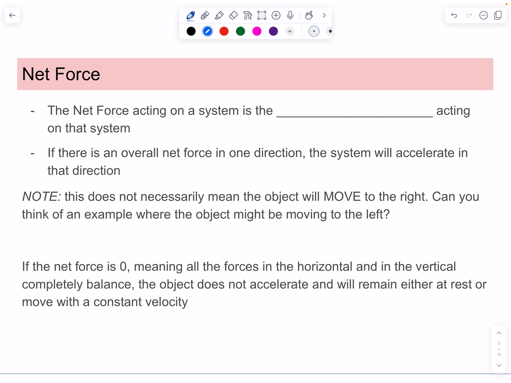Let's talk about net force. So the net force acting on a system is the sum of all the forces acting on that system. If there is an overall net force in one direction, the system will accelerate in that direction. But keep in mind, this does not necessarily mean the object is going to move in that direction, right?